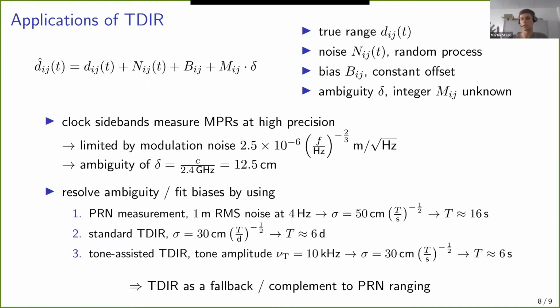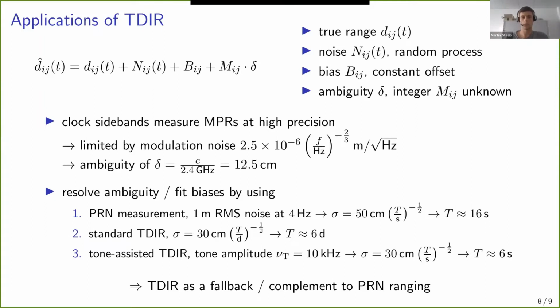You have to measure roughly a couple of seconds, 16 seconds is a rough number, to find this offset or ambiguity. With standard TDIR, it is much less accurate, and you can only resolve it after 6 days. So this is quite a constraint.